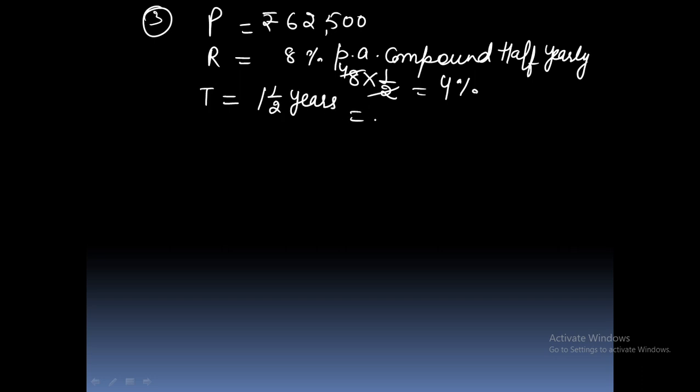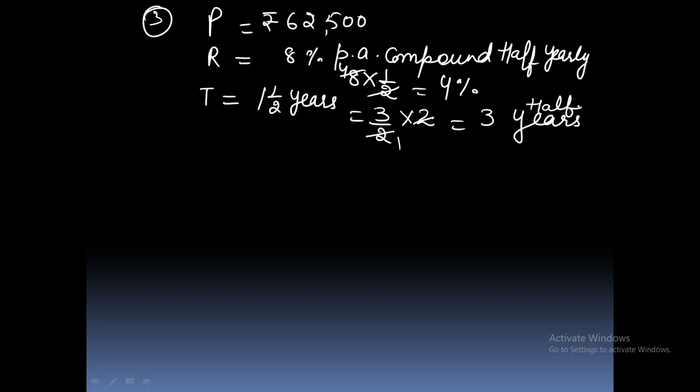When we solve this, that is 3 by 2, and we also multiply time by 2, 2 cut with 2, and we will get 3 half years. 3 half years means 1.5 years.